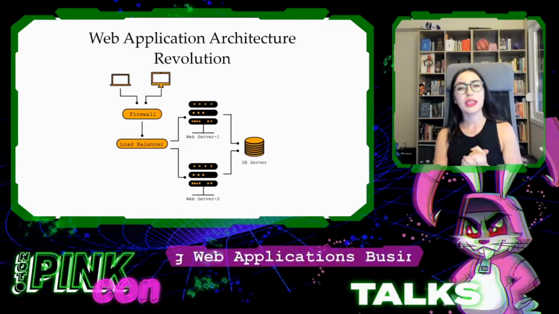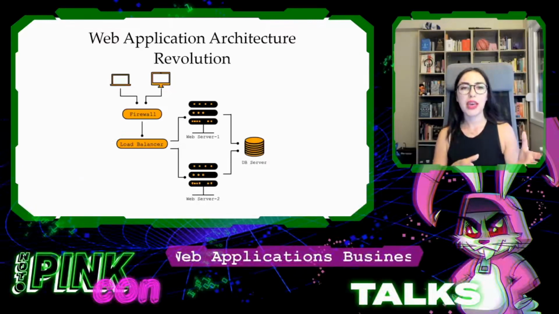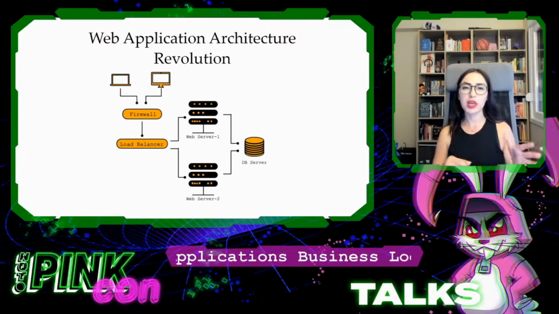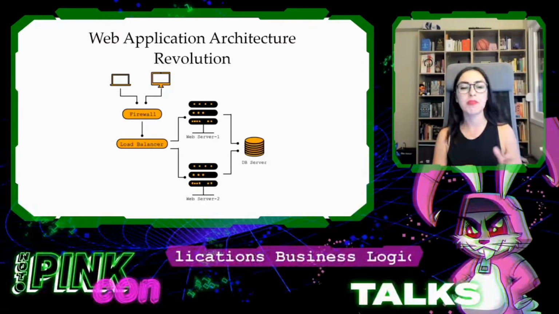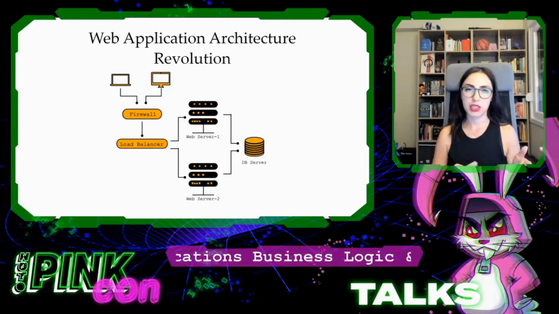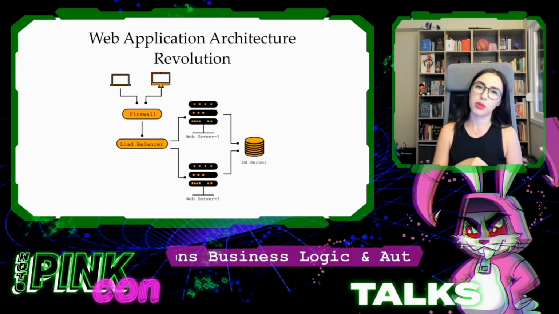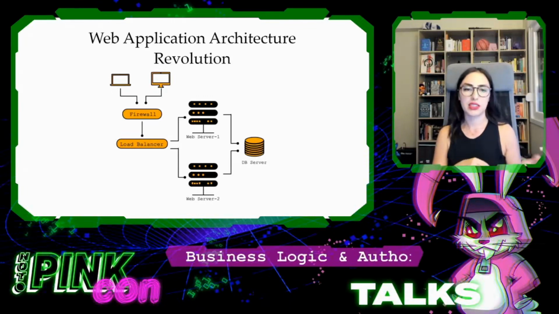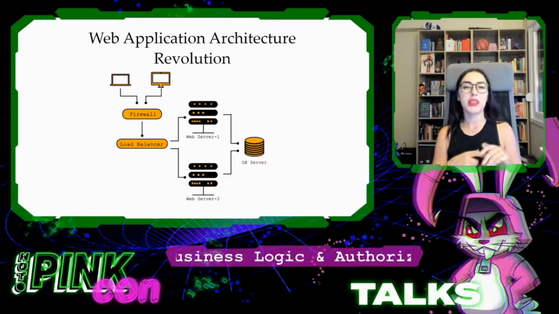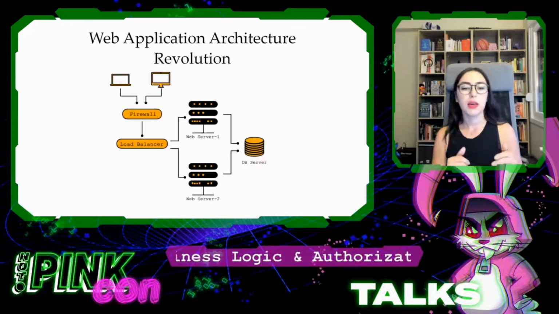But in this kind of architecture, we may have a synchronization problem. So I will try to give an example about it. Session information is normally stored on disk until the session ends, on the web server's disk, by default, of course.